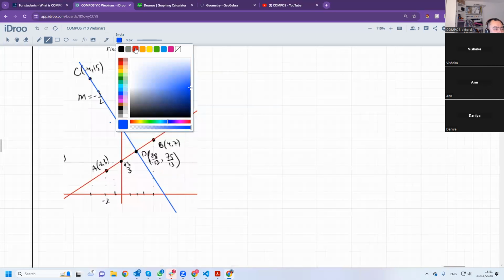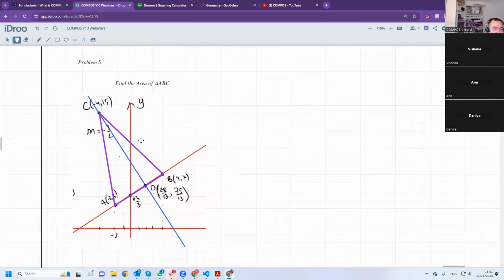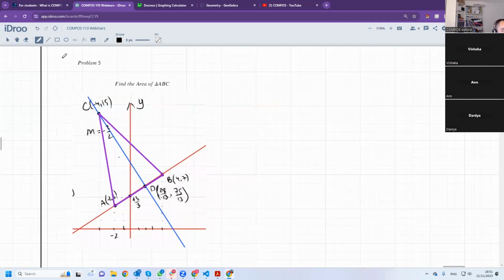Okay, so let's draw it in purple. We have A, B, C. There are so many things we can do here. So method one: the area is 1/2 base times height.